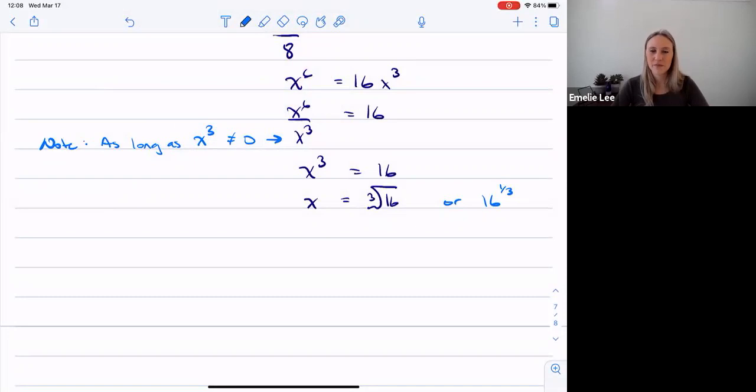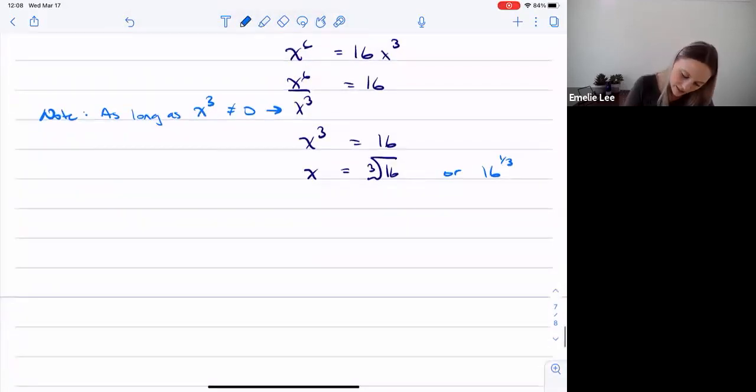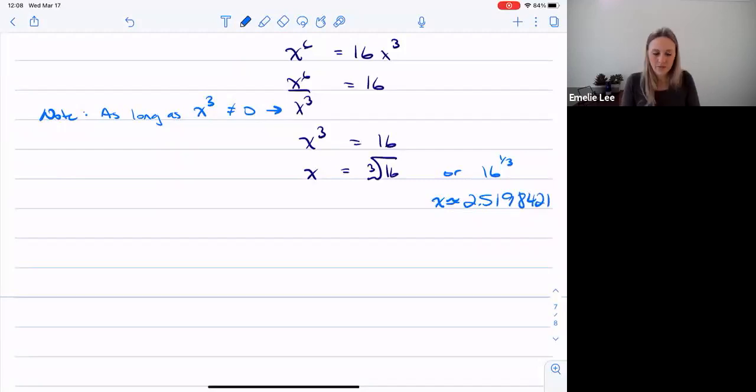Okay. The third root of 16, I'm just going to do it on my calculator here. 16 to the power of 1 divided by 3, I get x is roughly 2.519841, just to get an idea of where this thing is, right?